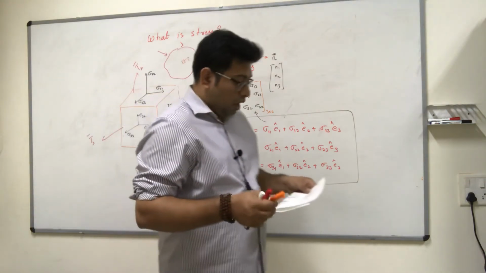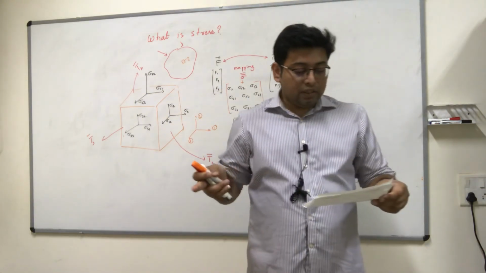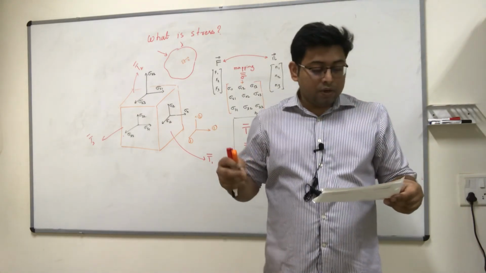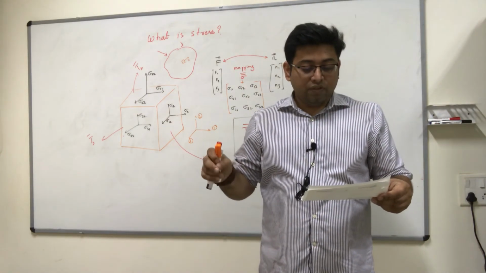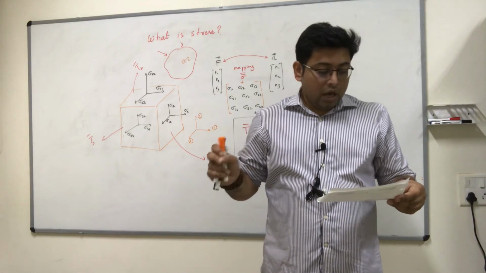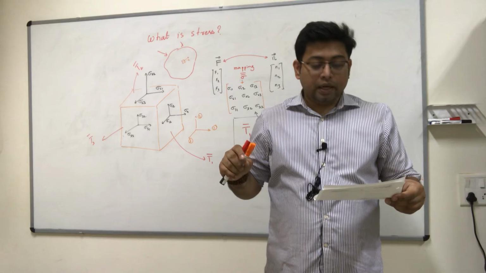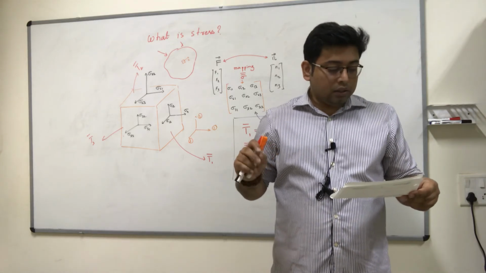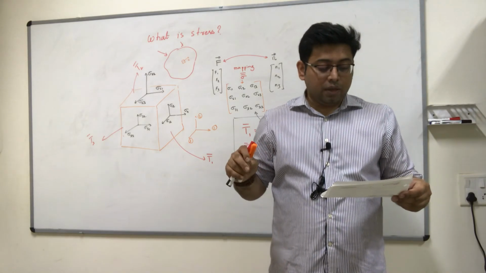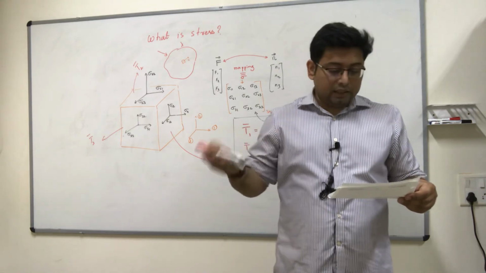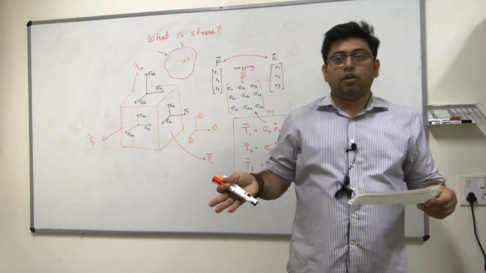The first was, a positive face is a face that has a normal vector pointing in the positive direction. The second was, positive stresses on positive faces point in the positive direction. The third was, positive stresses on negative faces point in the negative direction. And the fourth was that the first subscript on the stress refers to the face on which it is acting, and the second refers to the direction in which it is acting.